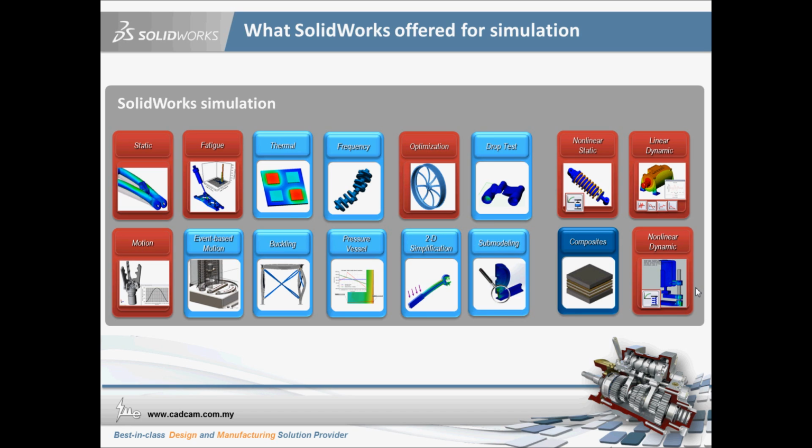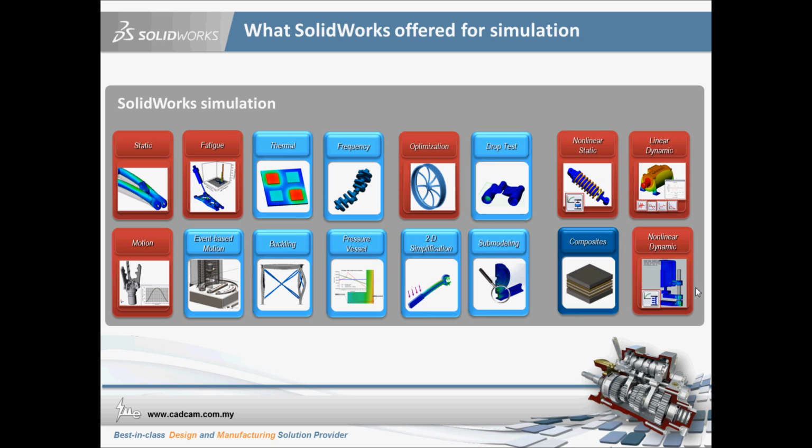First of all, we have static analysis, where you can study assemblies and parts, and gain the minimum factor of safety, so that we know what the high stress areas in our design will be. Next, fatigue analysis, or product lifespan, I believe is always the biggest concern in automotive design, because we do not want our design to fail during warranty periods, right?